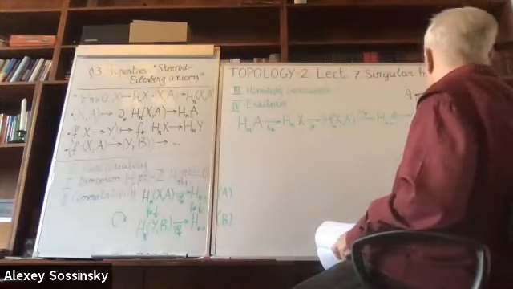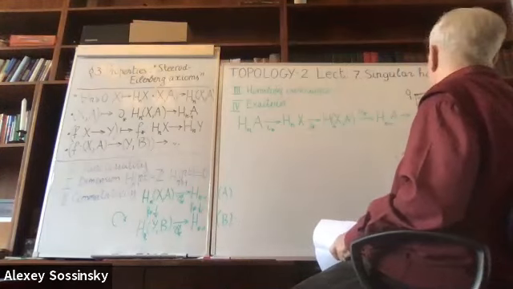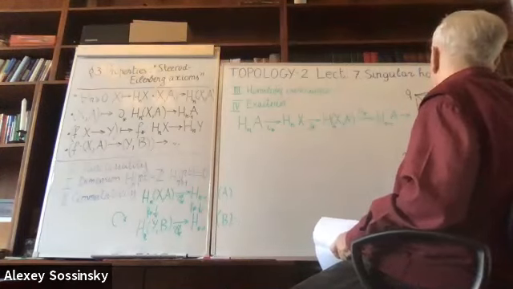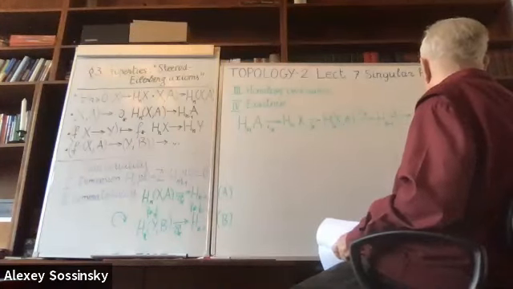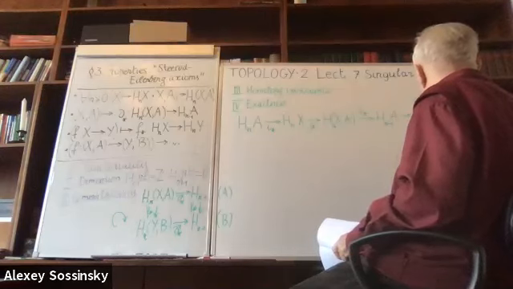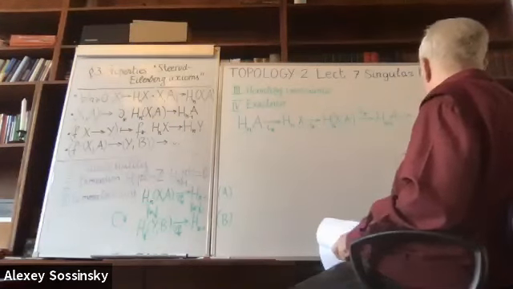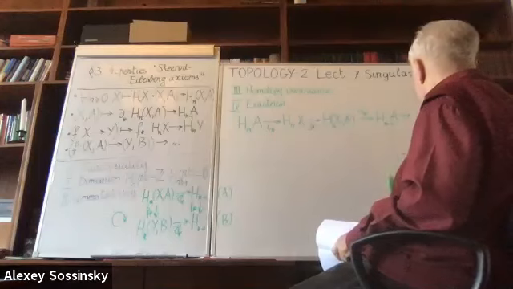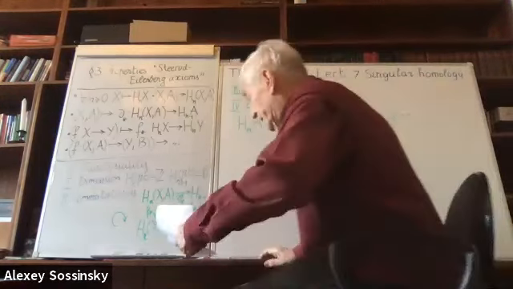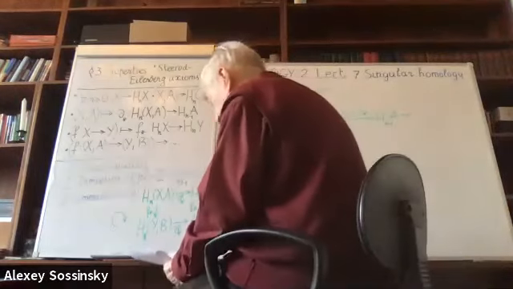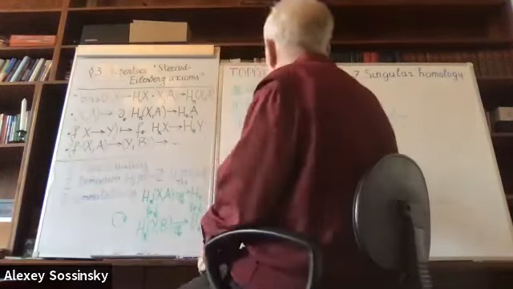So that's exactness. And there is one more property that I want to state, which is the last of the Steenrod-Eilenberg axioms. It is called excision.